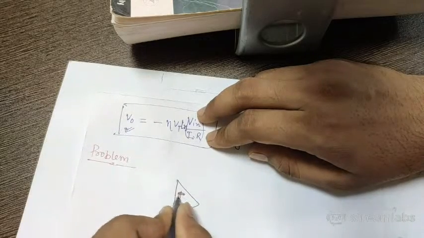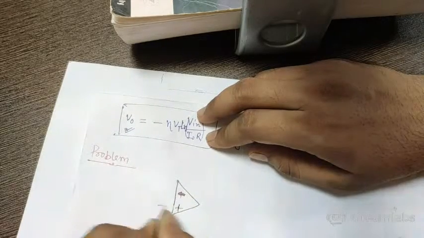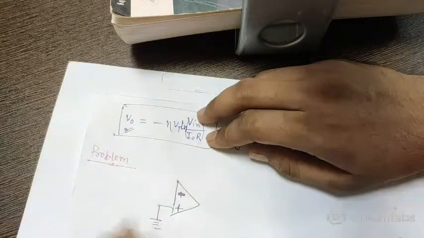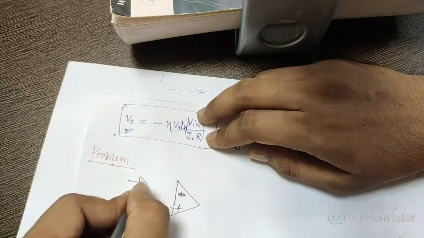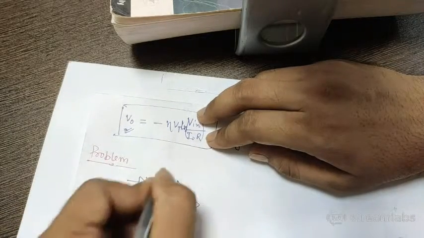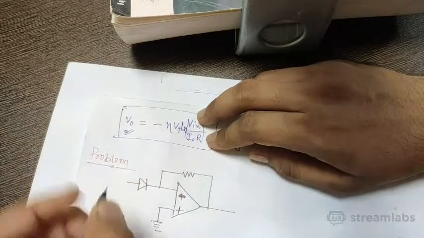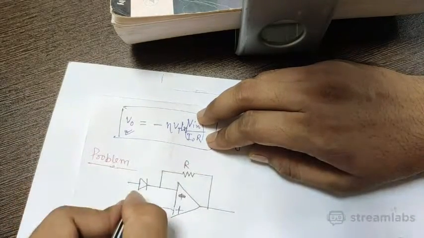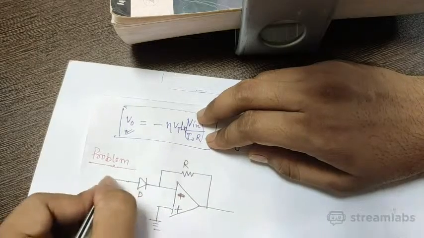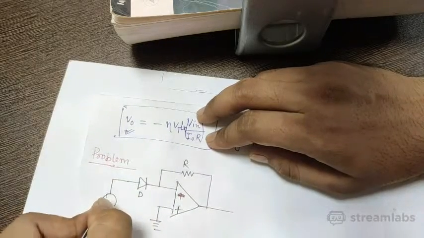This is minus, this plus, and the plus one is grounded, and the diode is here, the resistance is in the feedback like this. This is the diode, and input is applied to the diode.